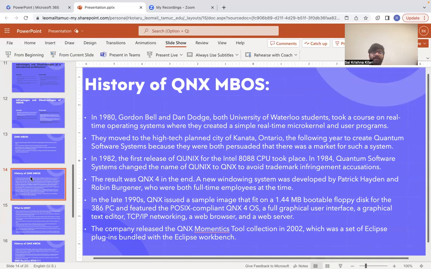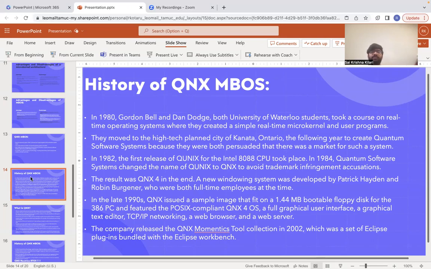They moved to the high-tech center in Ontario, Canada, the following year to create Quantum Software Systems because they were both persuaded that there was a market for such a system. In 1982, the first release of QUNIX for the Intel 8088 CPU took place. In 1984, Quantum Software Systems changed the name of QUNIX to QNX to avoid trademark infringement accusations.